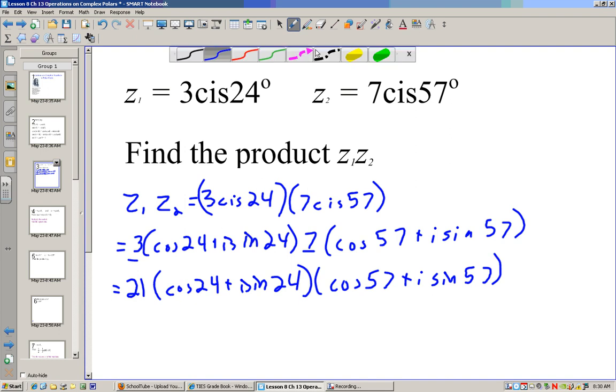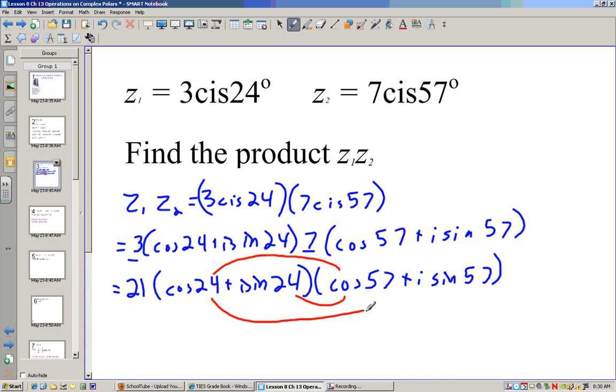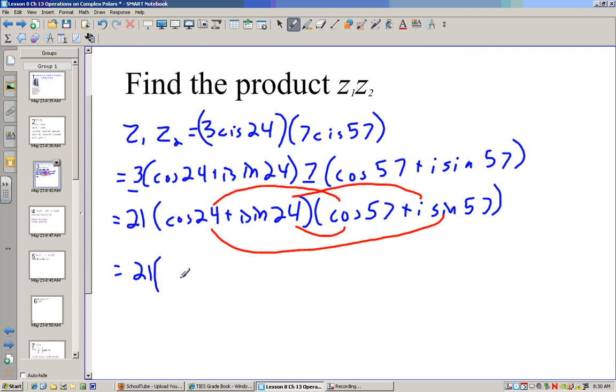So now if we FOIL, first, outsides, insides, last, we'll still keep this 21 on the outside, and we'll have cosine 24 cosine 57. The outsides will be i times cosine 24 sine 57.